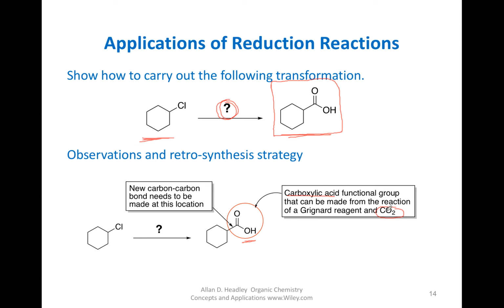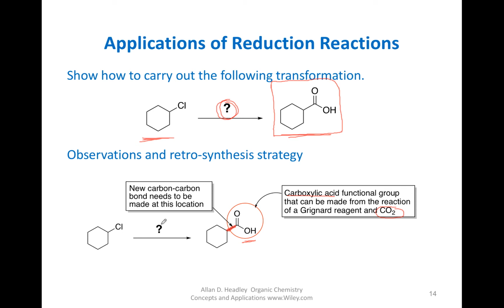And that reduction involves a Grignard reagent or an organometallic reagent with carbon dioxide. Notice again, one observation is this bond here is a new bond. So we'll have to make that bond because it's not here.